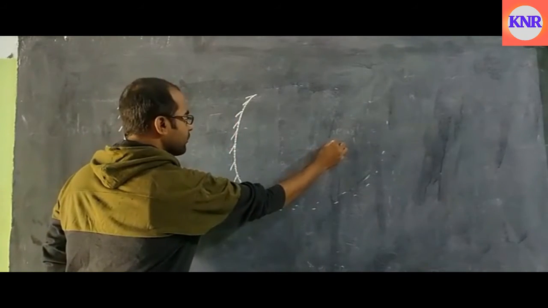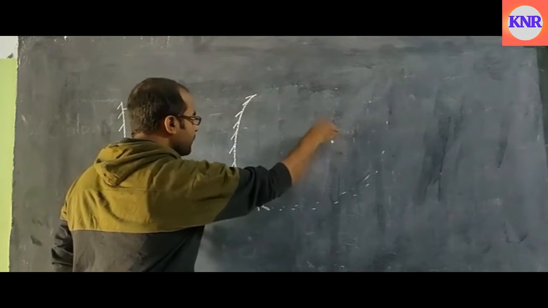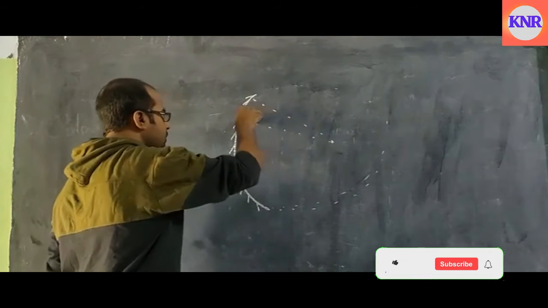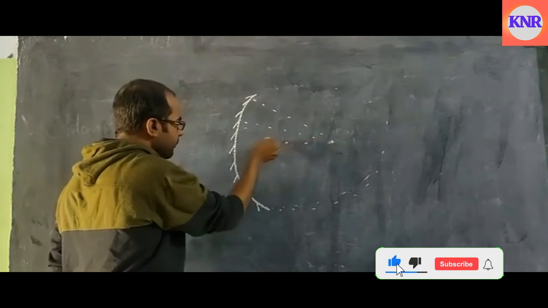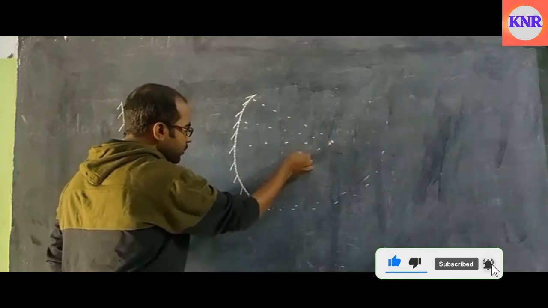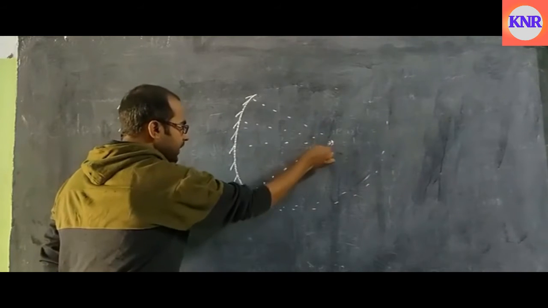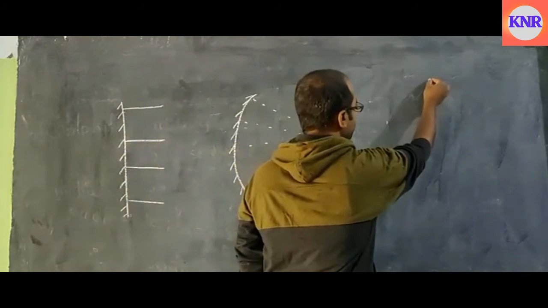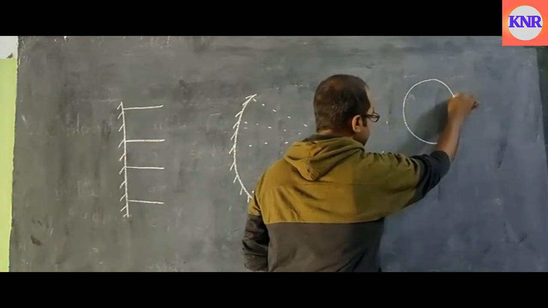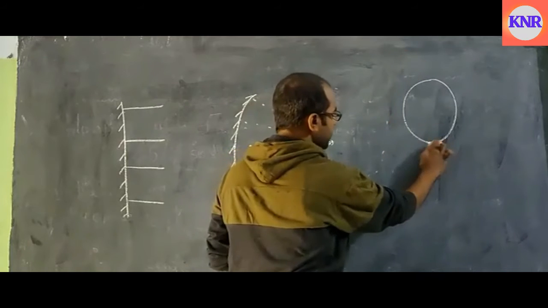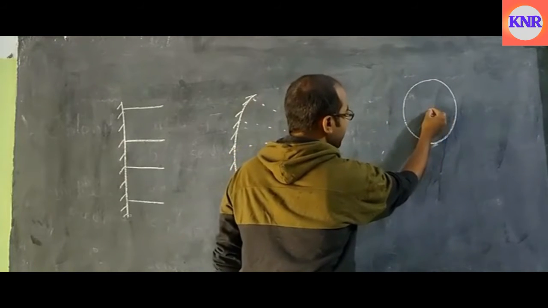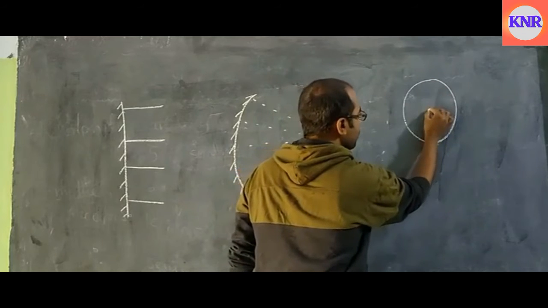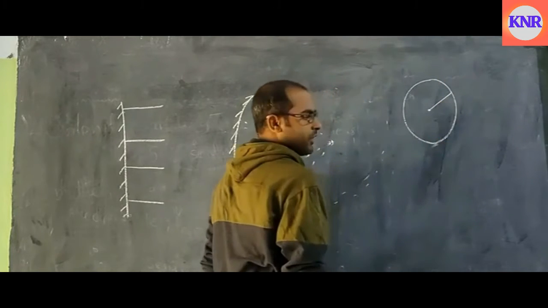So this is the center of the sphere. From the center of the sphere to any point on the mirror, those lines represent normals. Just like from the geometry of circles, if it is a circle, it has a center. So this is the part we have taken.